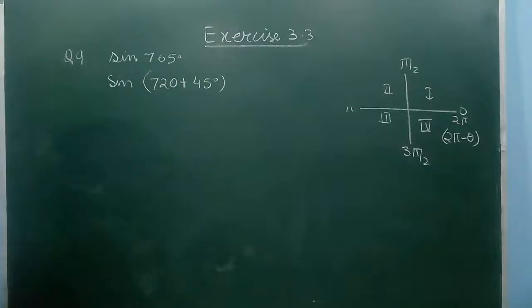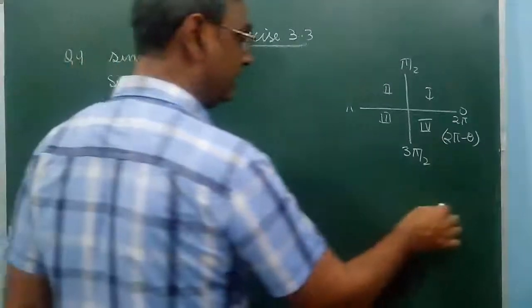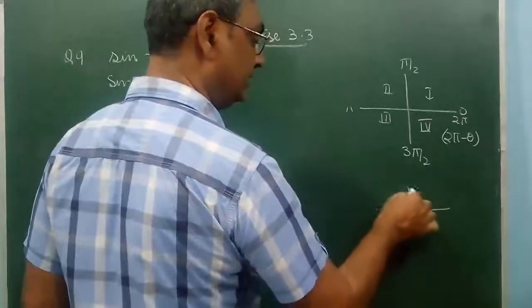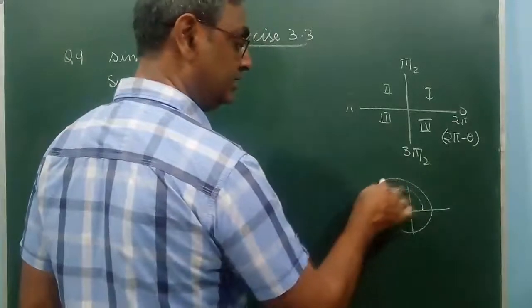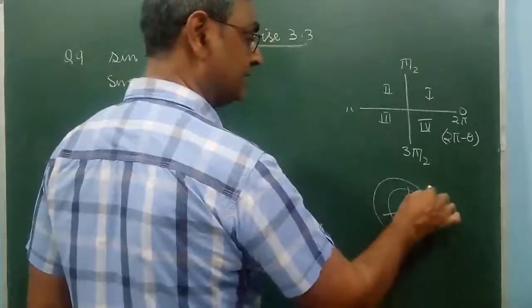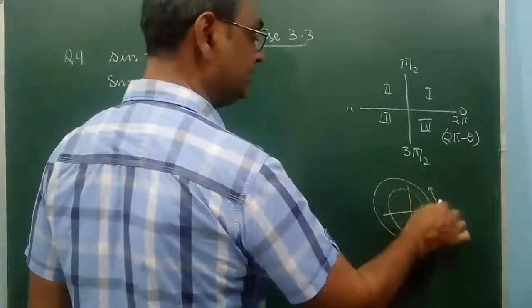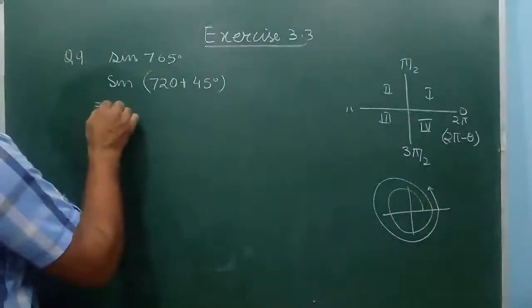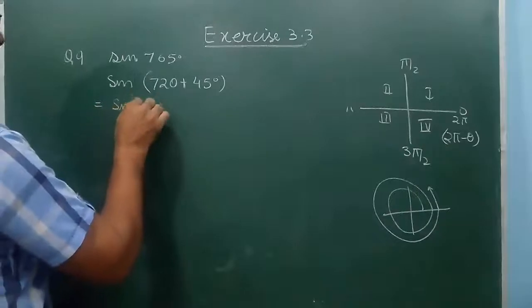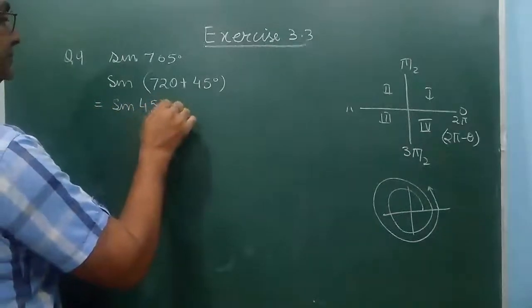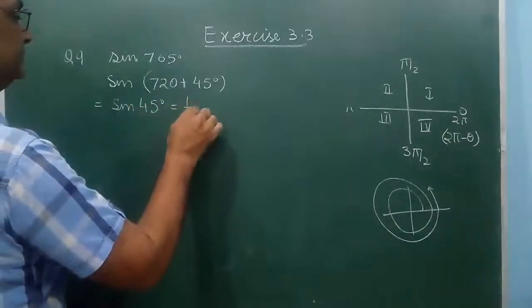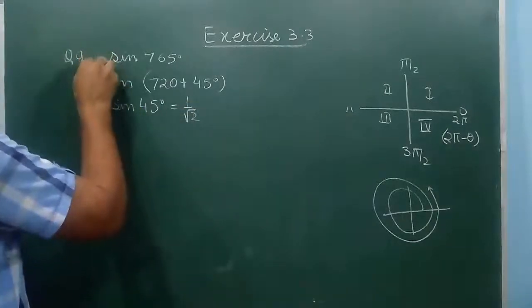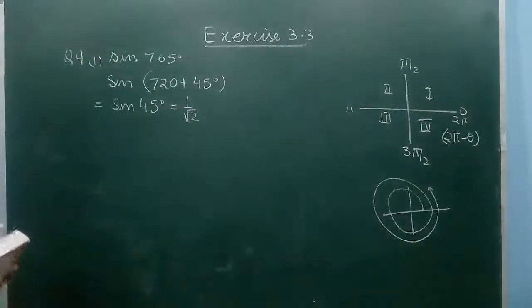Now in which quadrant are we? See here, again I will make a plus. This is 360, this is 720 plus. 720 plus means which quadrant? First quadrant. This is 1 by root 2.